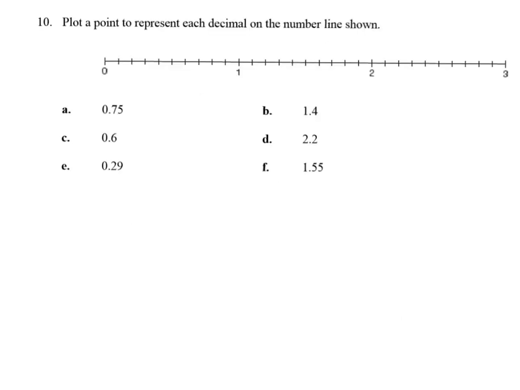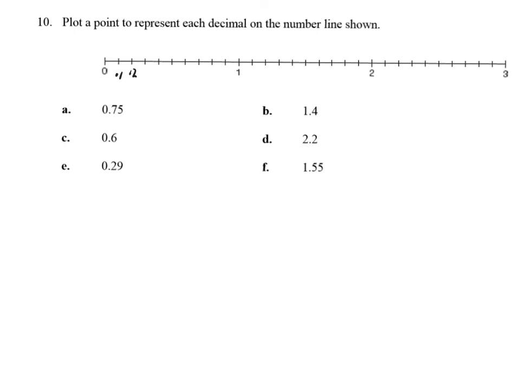Okay, in question 10, we are plotting points to represent each decimal on the number line. So first we need to know what each thing means. So I'm going to go through real quick and count how many places we have. 1, 2, 3, 4, 5, 6, 7, 8, 9, 10. So between here there's 10. So this is counting by tenths. So I should be thinking like this is 1/10, 2/10.